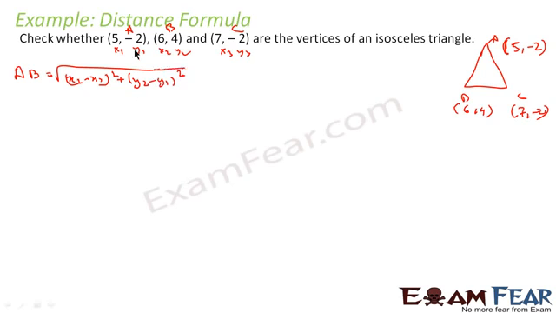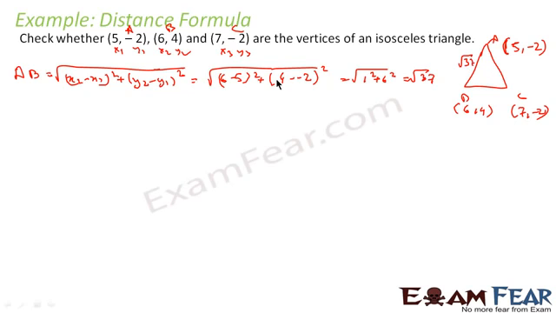Correct? x2 is 6, x1 is 5, so (6 minus 5) square, plus y2 is 4, y1 is minus 2, so (4 minus (minus 2)) square. This comes out to be root of 1 square plus 6 square, that is root of 37. That is my AB, root 37.